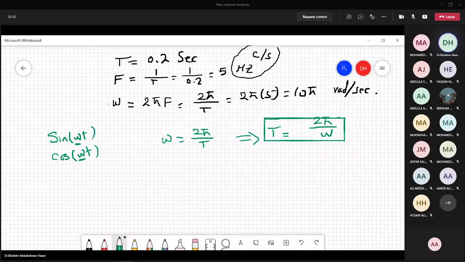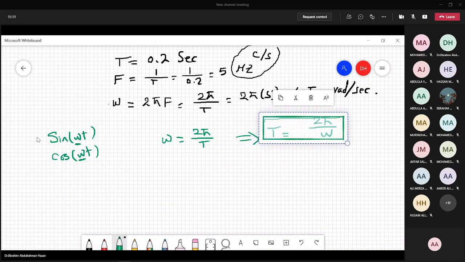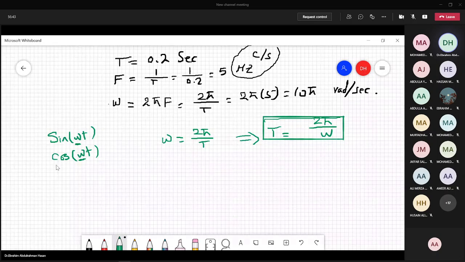Always, when you see sine and cosine, then it is periodic, 100%, with a period equal to 2 pi divided by whatever number you have here.